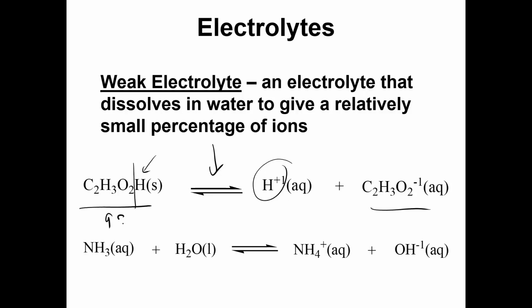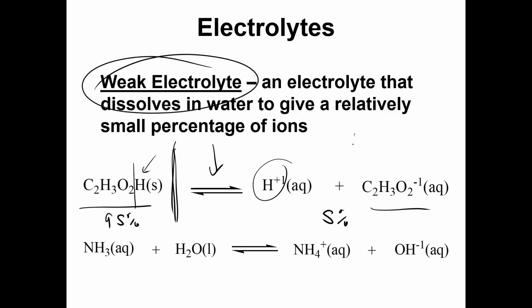It turns out that 95% of it is still intact, so this equilibrium is very much on the left, and that's why this is a weak electrolyte. Because just very little of it is broken into ions, but some of it is. And since one of these ions is an H plus, that also makes it an acid.